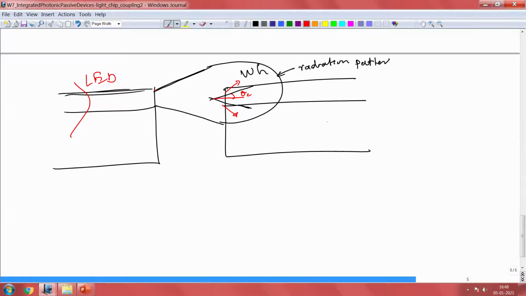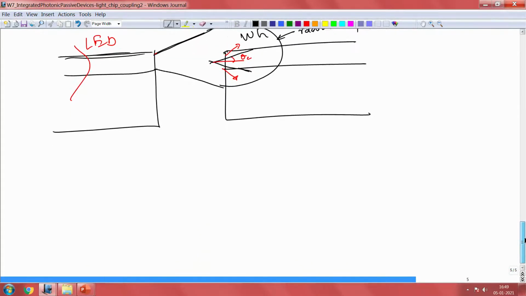So, only a subset of that is going to couple, right, and the brightness of our LED, that is on the left side, can be given as a function of the exit angle that we have, right, from this light emitting diode. So, it normally follows a Lambertian source format, and that is what is shown here. It will be 3 dimensional in nature. Okay. So, now we can write the power, right, that is coupled into this system, very simple system, by using the output pattern of the LED along with our waveguide dimension, right.